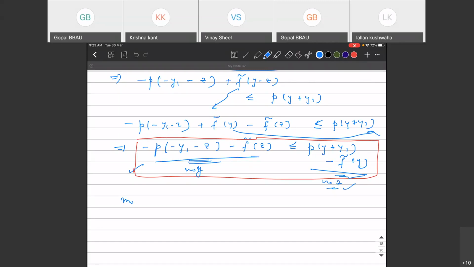So we define m naught as the supremum over z. In the left-hand side y1 is fixed, so the only thing that varies is z. Take the supremum over z of the left-hand side.